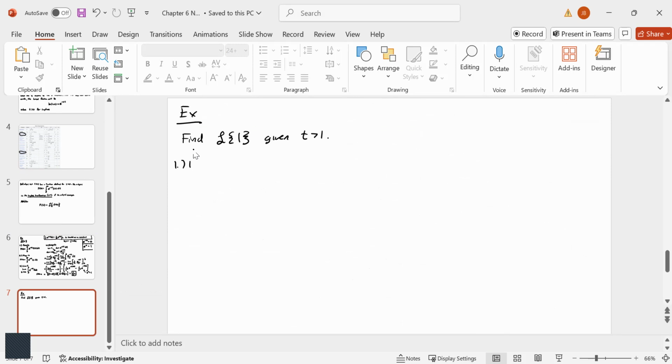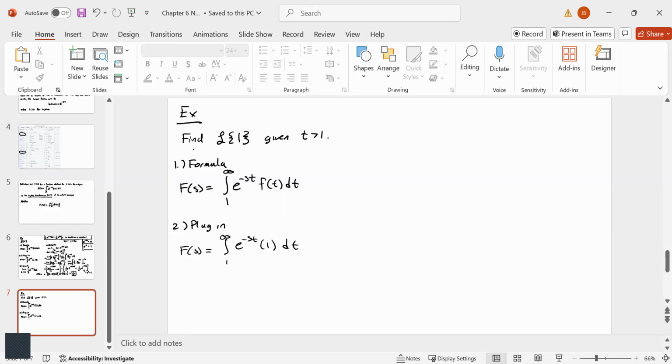So step 1, formula, instead of it being 0 to infinity, it would be 1 to infinity, e to the negative st times f of t dt. Step 2, plug in. So F of s is equal to 1 to infinity e to the negative st times 1 dt.